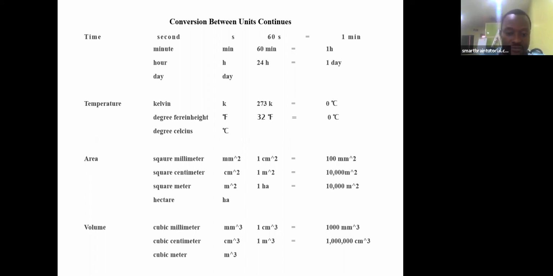Now, the cubic centimeter is given as cm raised to the power 3. 1 cubic meter in conversion terms is equivalent to 1 million cubic centimeters. And then the cubic meter has its abbreviation symbol as m raised to the power 3.